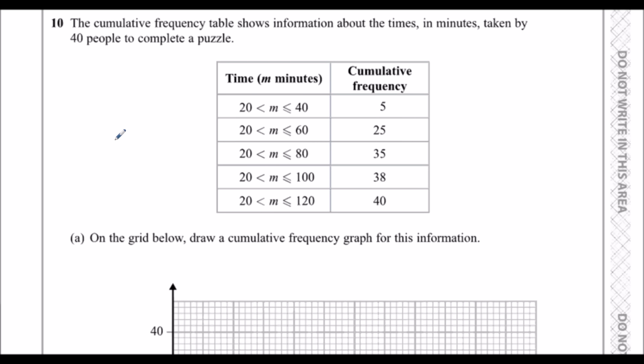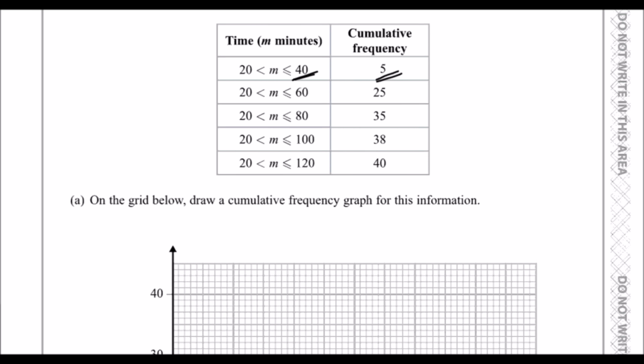Question 10. The cumulative frequency table shows information about the times in minutes taken by 40 people to complete a puzzle, and we need to draw a cumulative frequency graph. So on a cumulative frequency graph, we're plotting this top point against the cumulative frequency. 40 against 5.